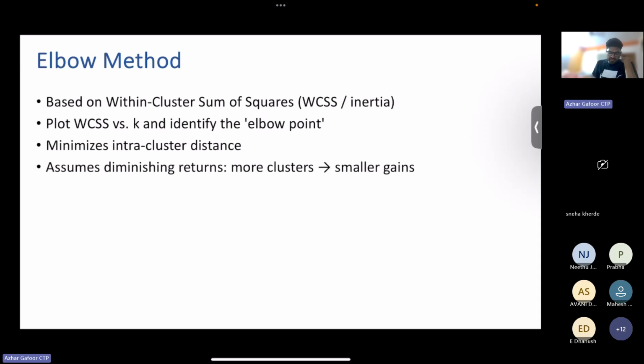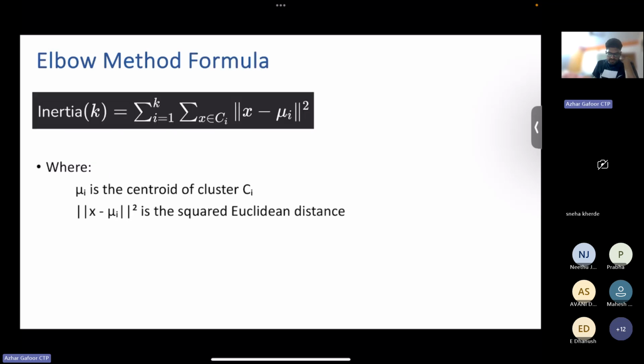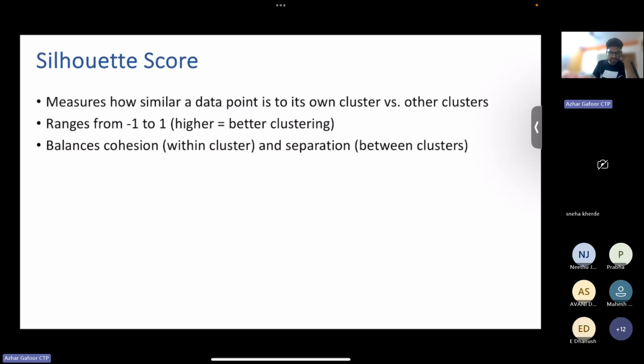Again, in the elbow method, we plot the squared error and identify the elbow point. So this is again the equation of the elbow method, how to find the SSE. Now let's see the Silhouette score.